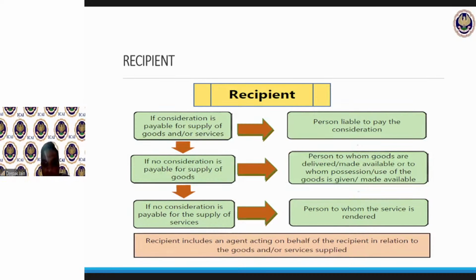If no consideration is payable for supply of goods, any example for this kind of transactions? Yes, wherein I dispose of goods. Say there are some old laptops I have disposed of, for which I have not received consideration. A good example is giving it to an NGO.